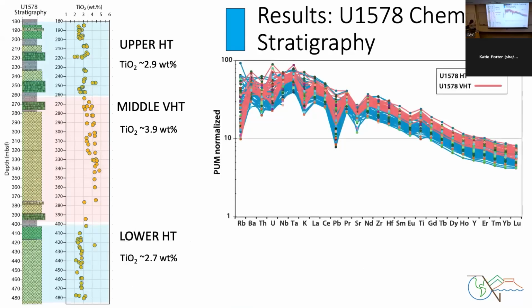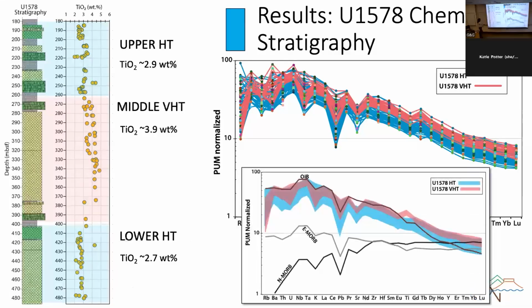And if we look at trace elements, those incompatible through more compatible elements, we see some distinct trends, most of which align with what we understand ocean island basalts to look like. I'll show you those fields here. But what stands out is that, especially the very high titanium, they have this big peak, which other ocean island basalts don't exhibit.